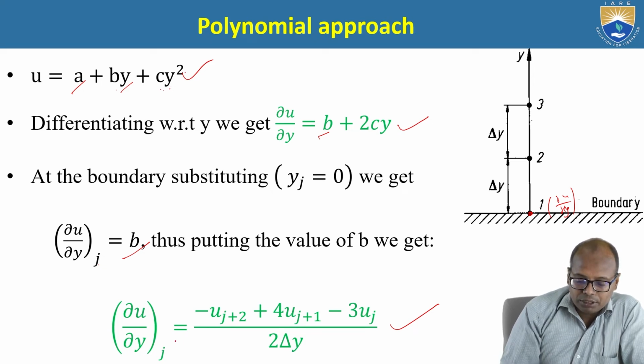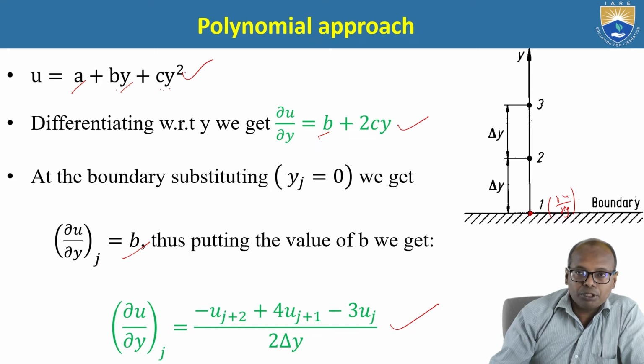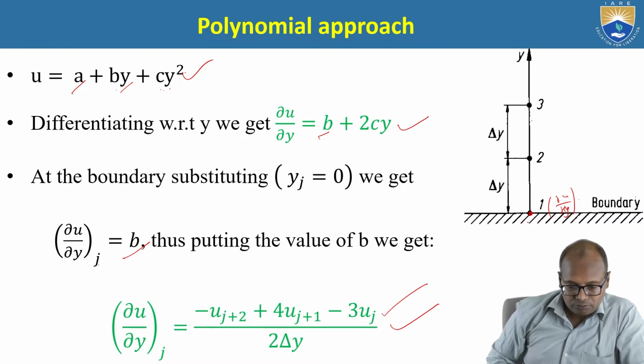Now here you can see we are using only the terms which are ahead of this one. We don't need any term below 1. Below 1 we don't know the values, and we don't require those values in this kind of scenario.